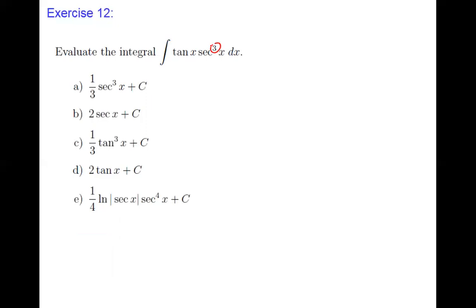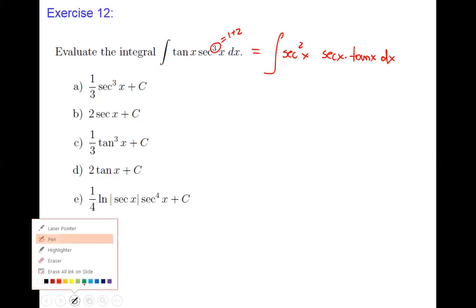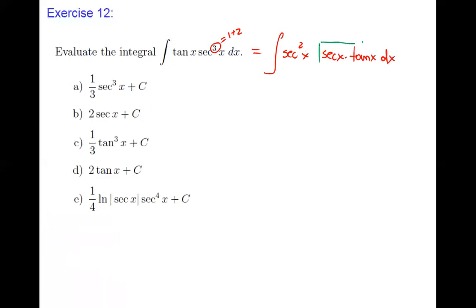I will pull out one secant and the remaining secant squared of x, and then secant times tangent, I will keep them as a derivative, du.